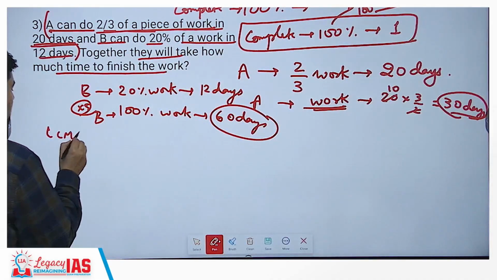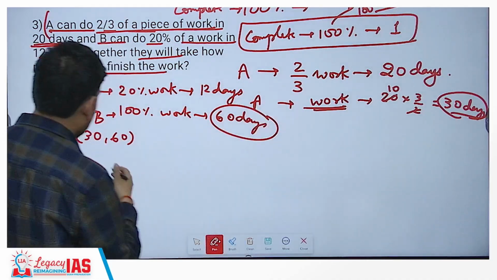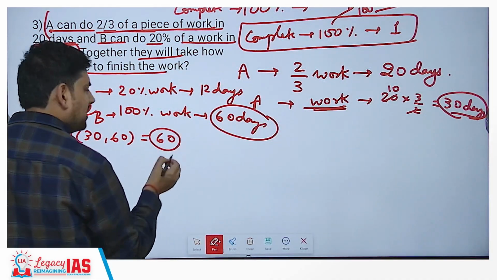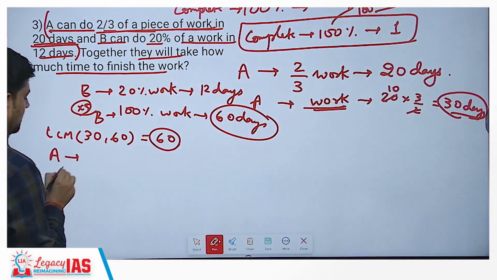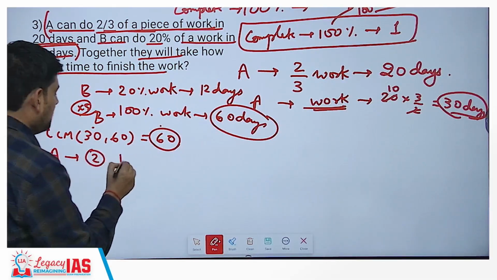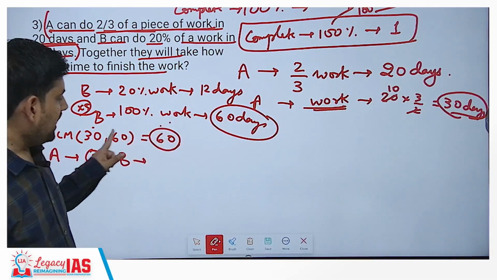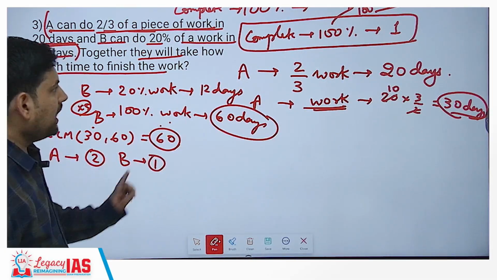First, remember you take the LCM of 30 and 60, for A and B. The LCM of 30 and 60 is 60. Correct? Now, efficiency of A is 60 by 30, that is 2, and efficiency of B is 60 by 60, that is 1. Correct? Efficiency of A and B, both you got.